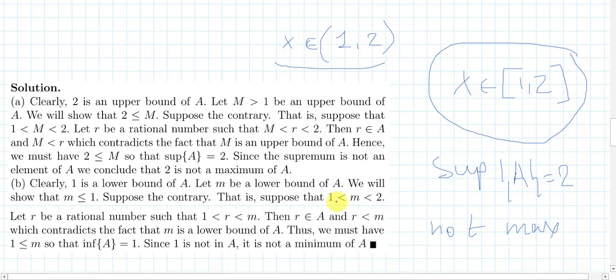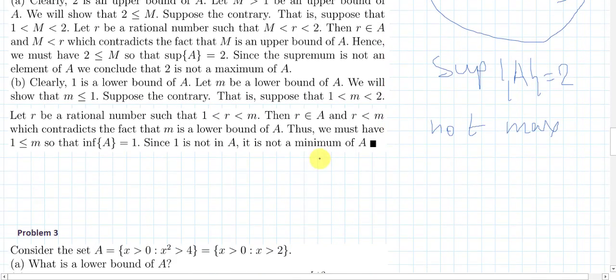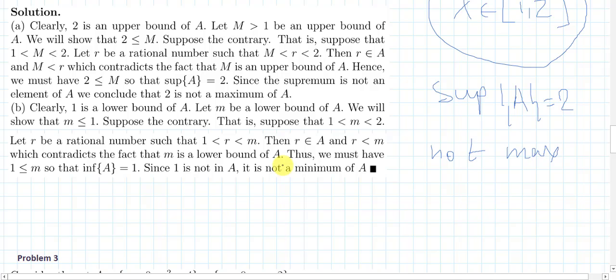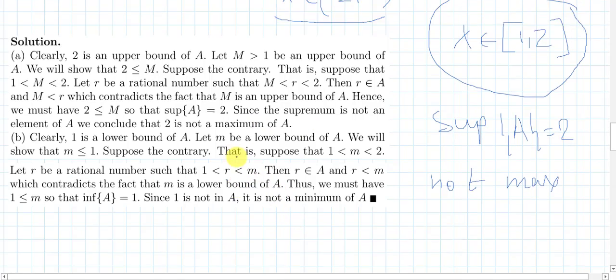Not maximum. And now, this is a lower bound. The 1 here is a lower bound, and it will be the infimum. 1 here is the infimum also, but this is not the minimum because it's not included in our open interval.